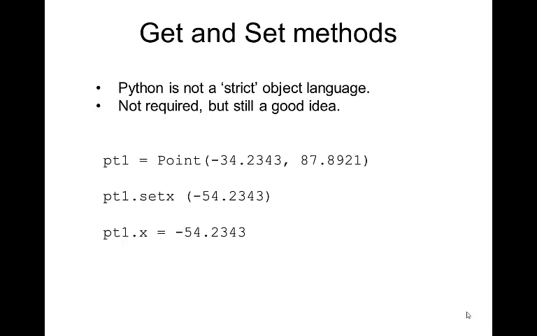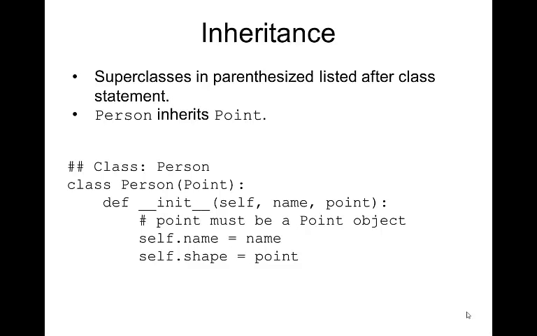Yes? Can you go back to slide 3? I know it inherits the point that's in parentheses, but what's it inheriting? What methods and attributes? So does that mean that you're defining the initiation, self-named point, and does that mean it's in effect putting an X, a Y? It's adding a point object.